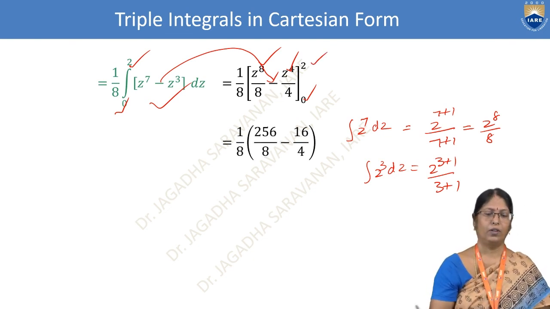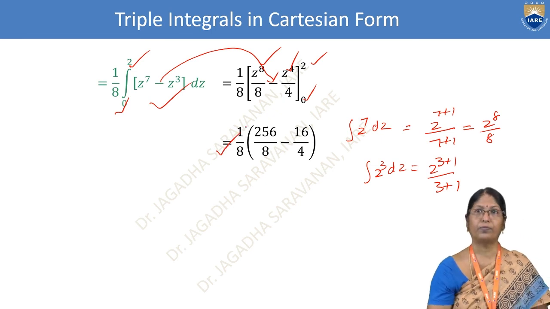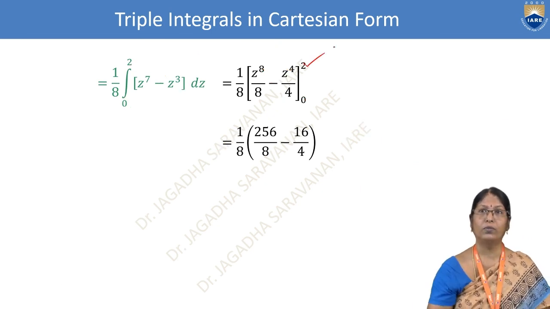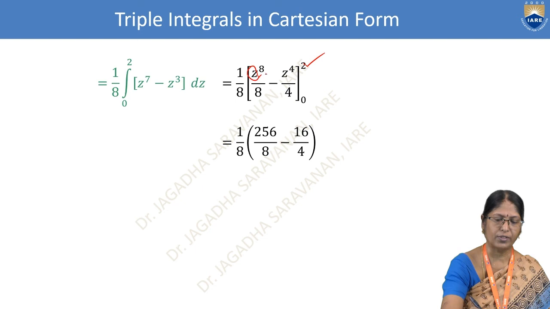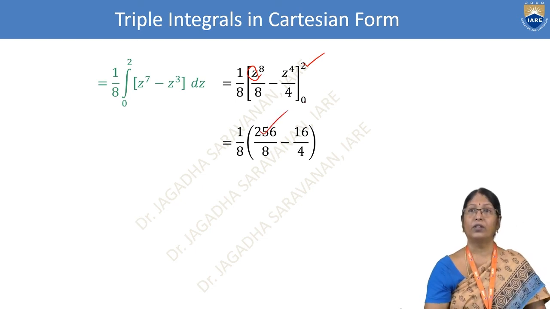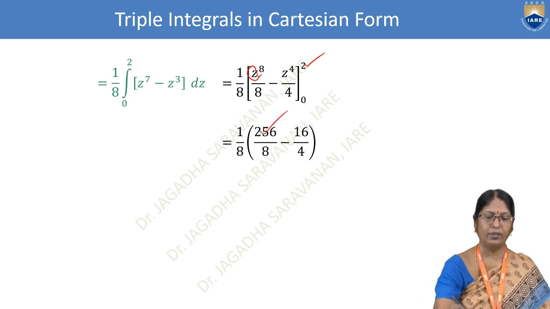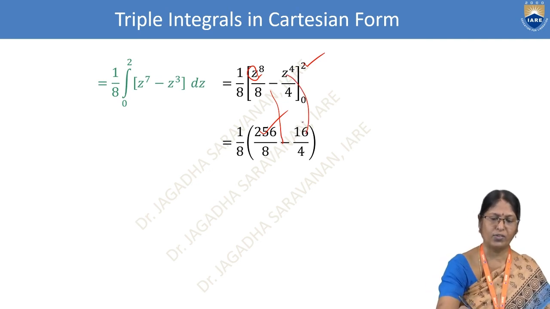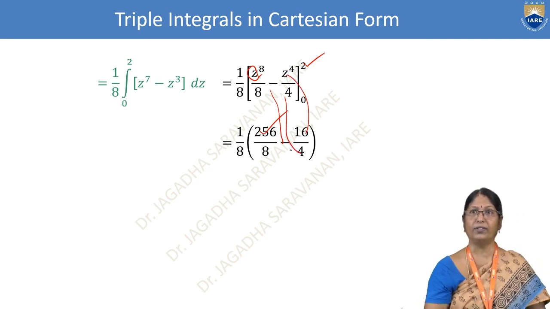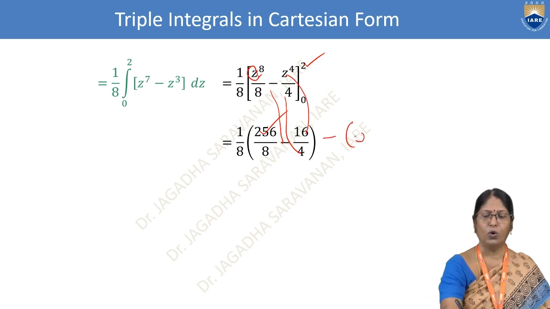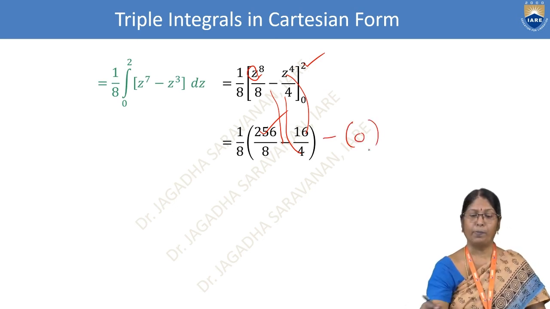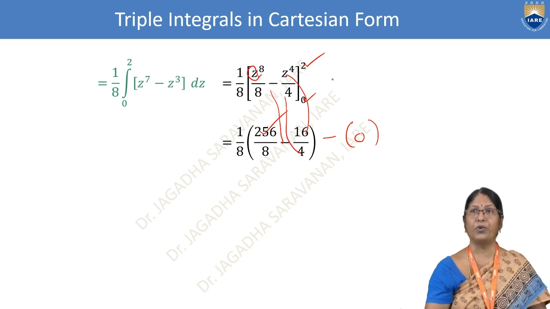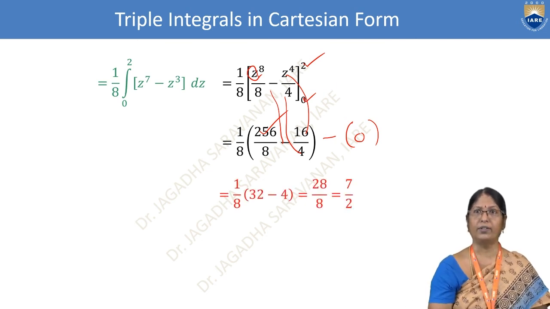Now 1 by 8. Upper limit is 2. In the place of z we are substituting, we got 256 by 8, this minus sign as it is, 2 power 4 is 16, this 4 is as it is, minus the lower limit, in the place of z, substituting 0, we are going to get 0, that is neglected.